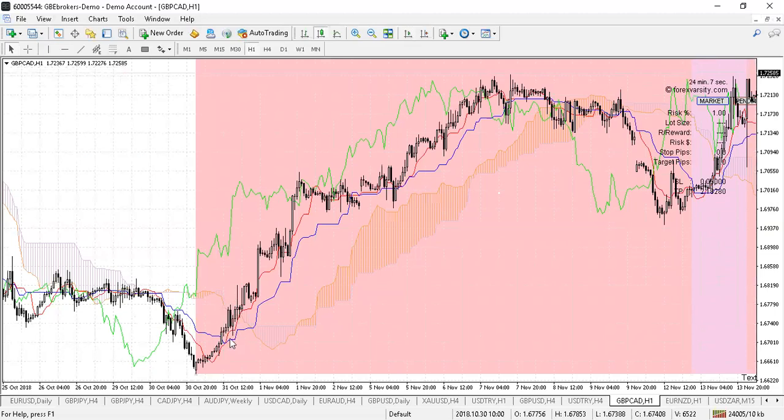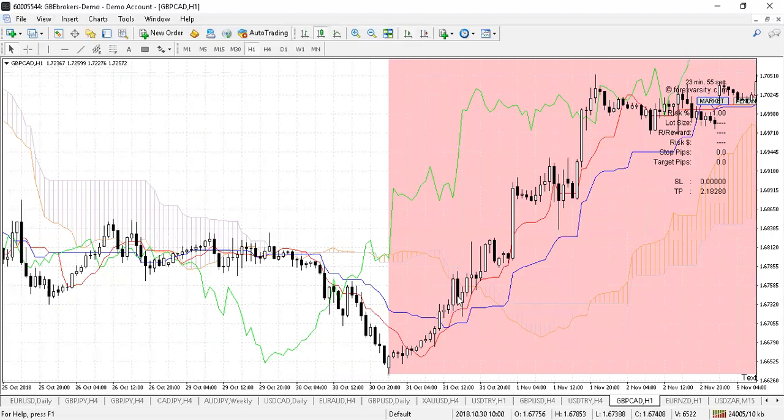And then you also want your market price to be above the cloud. So you want the market price to be above the cloud, and this here we call the cloud. If you're looking for a bullish signal, then your candlesticks must be above these clouds.